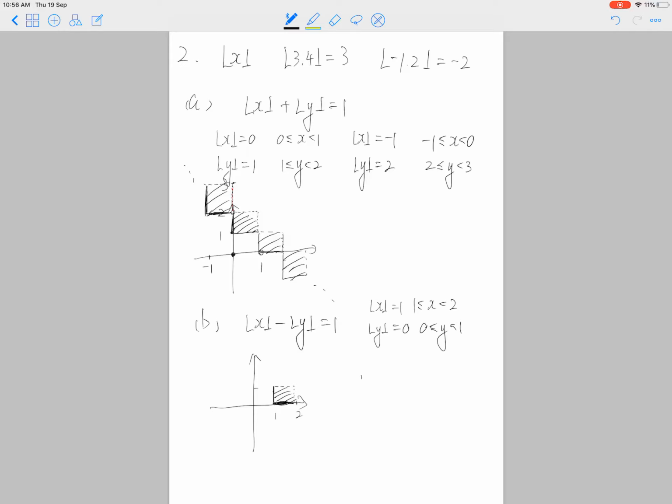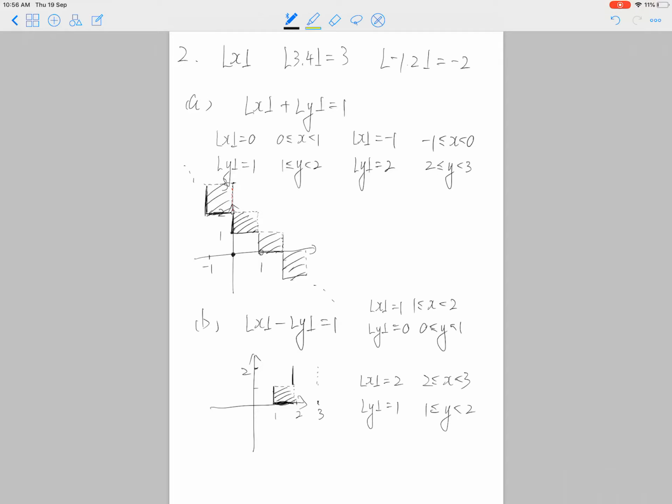So let's try another. What about x is 2? Right, x is 2, y is 1. So x is greater or equal to 2, strictly smaller than 3.